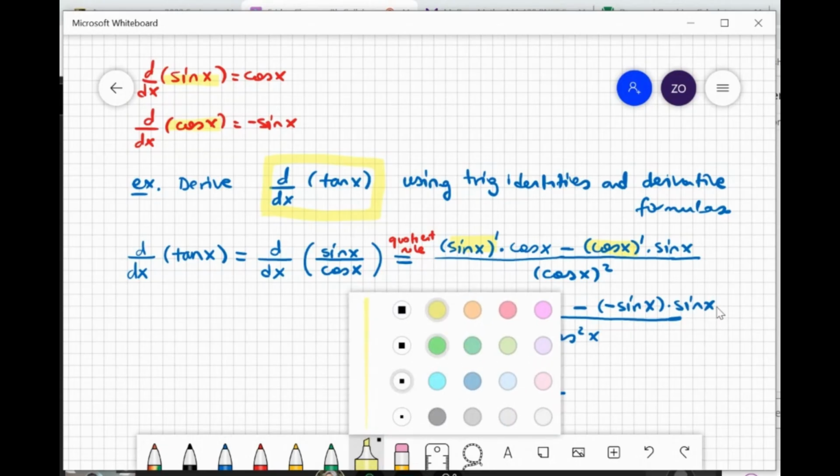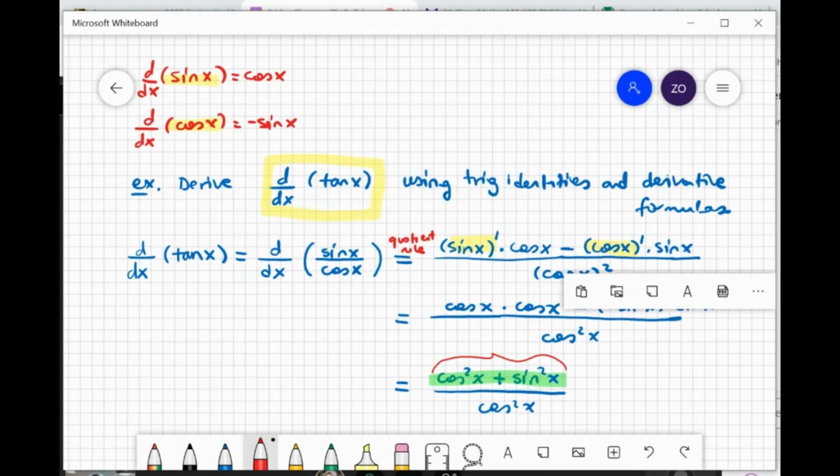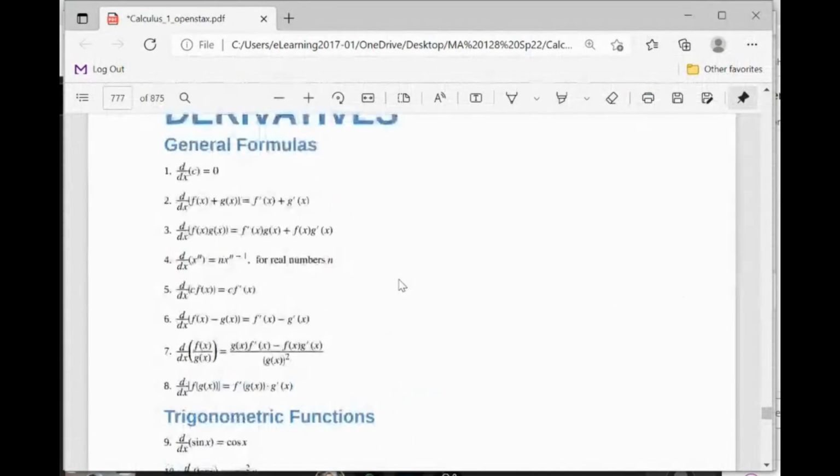Okay, so does this remind you of any identity? What does cosine squared plus sine squared equal to? This has a name, Pythagorean theorem, and it's probably in the textbook.